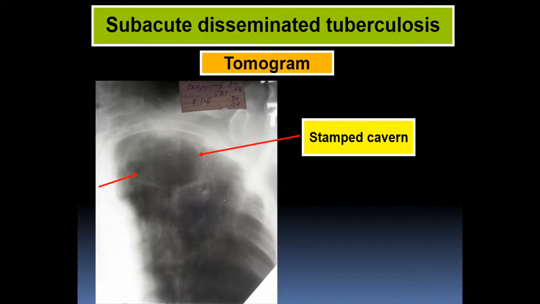The cavity has a correct shape because the wall of the cavity is thin and not deformed. And around this cavity we can see many focal shadows of different density.